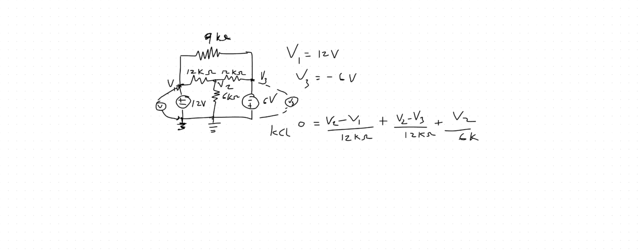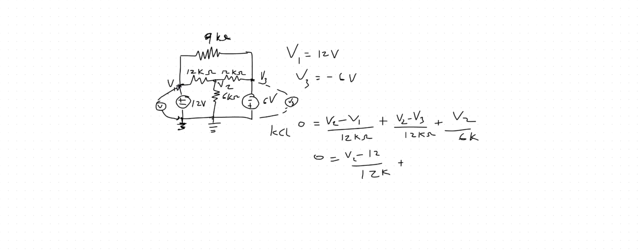So we have a couple of values here. We could plug in V1 and V3, correct? Yeah. So we could say V2 minus V1, which is 12, over 12K, plus V2 minus V3.